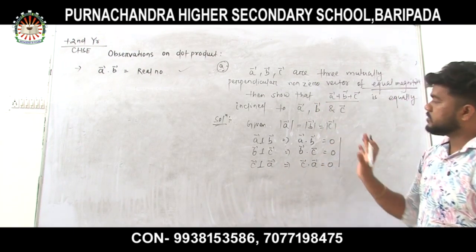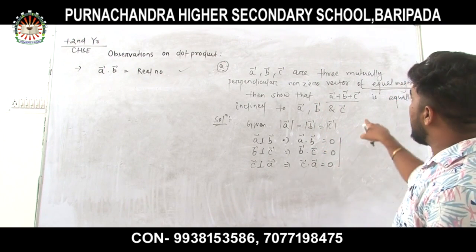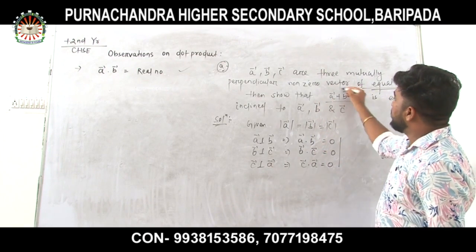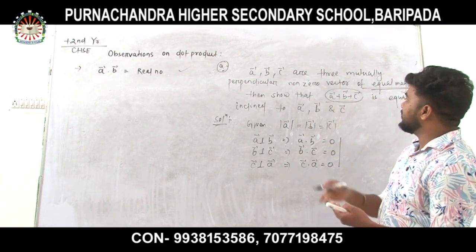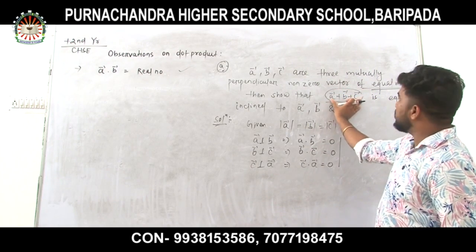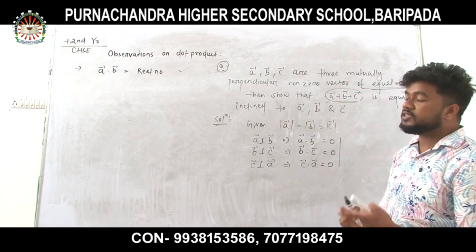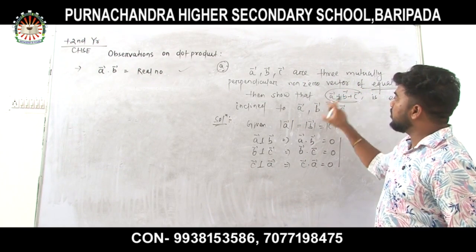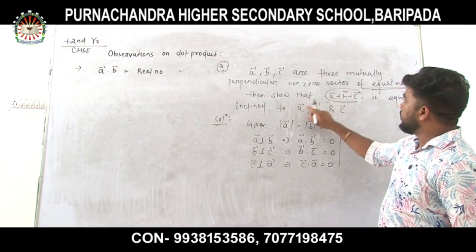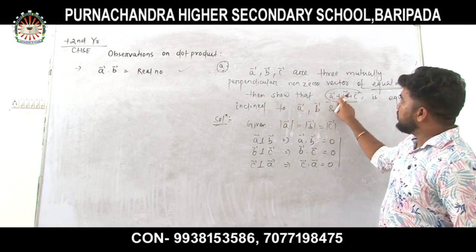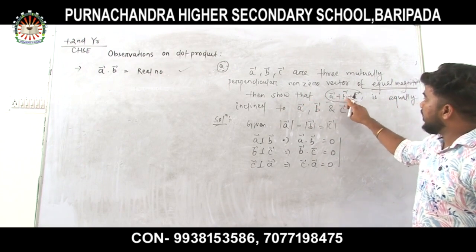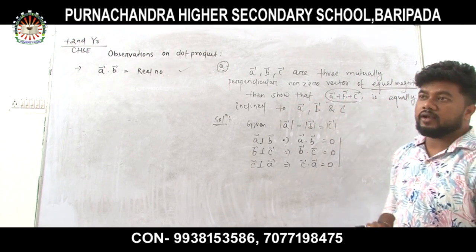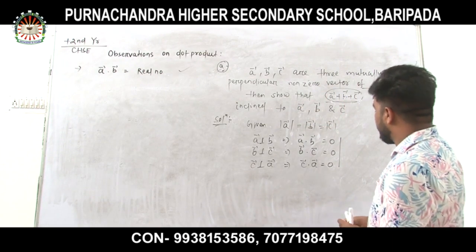This is given. We can show that it is equally inclined. That means the angle between A plus B plus C vector and A vector is equal to the angle between A plus B plus C vector and B vector, and the angle between A plus B plus C and C vector, all are equal.